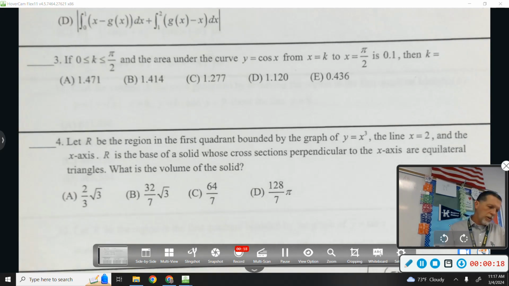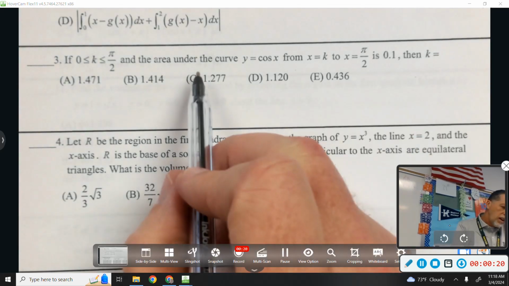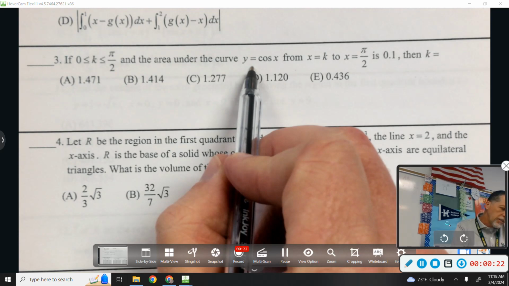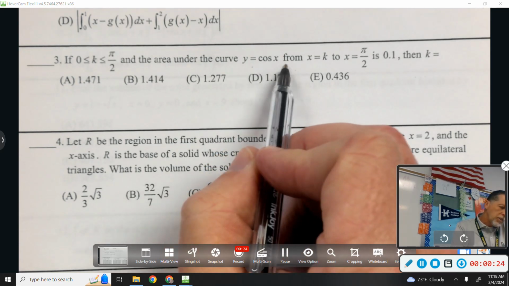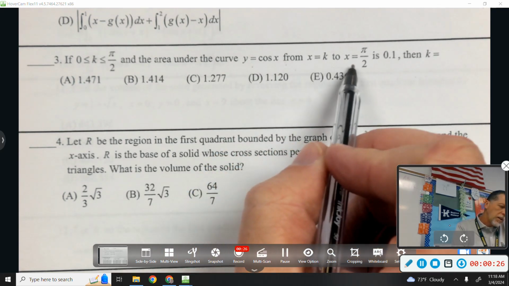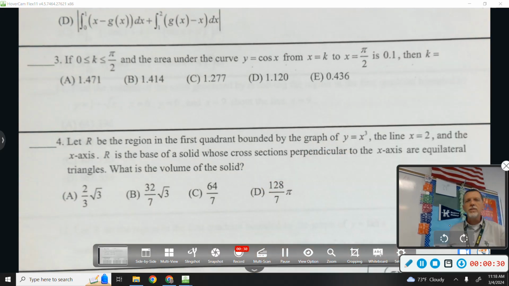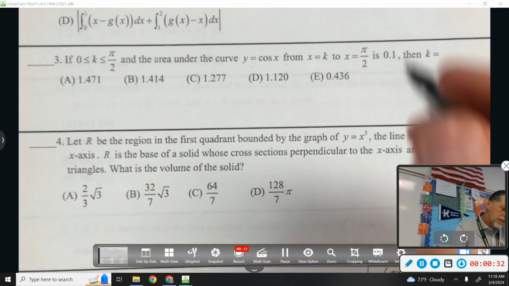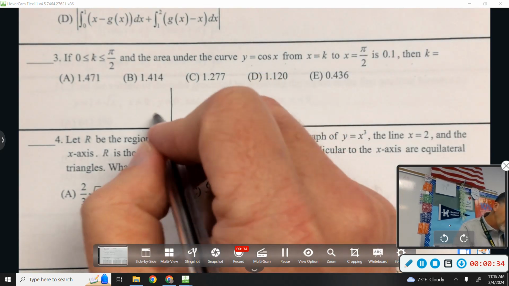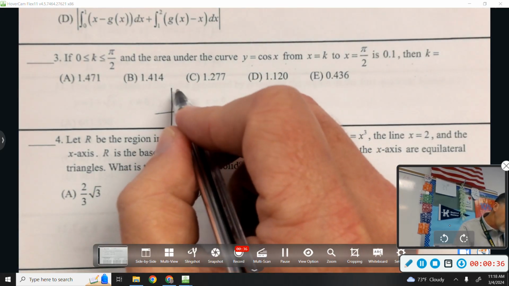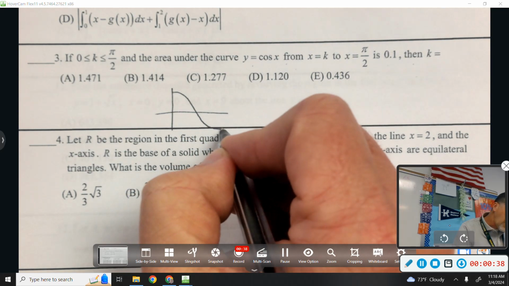K is between 0 and pi over 2. And the area under the curve, y equals cosine x, from k to x equals pi over 2 is 0.1. Then k equals... Okay, so cosine of x looks like that.